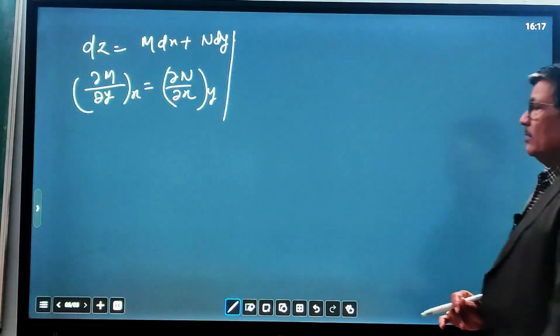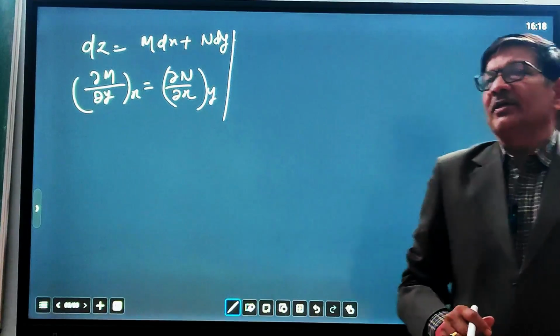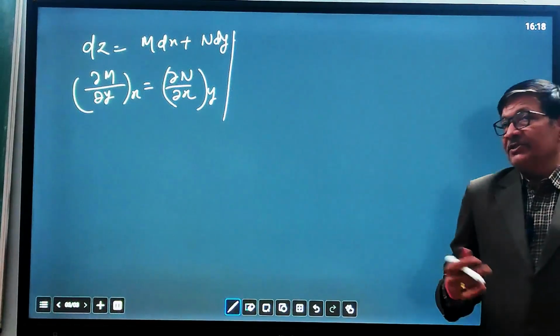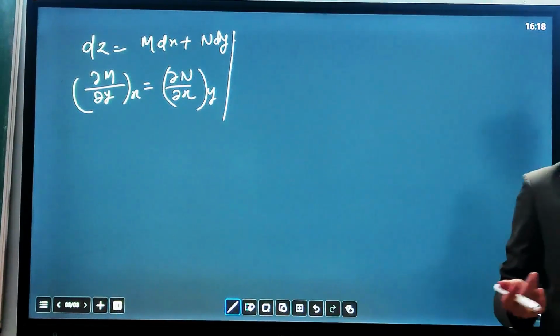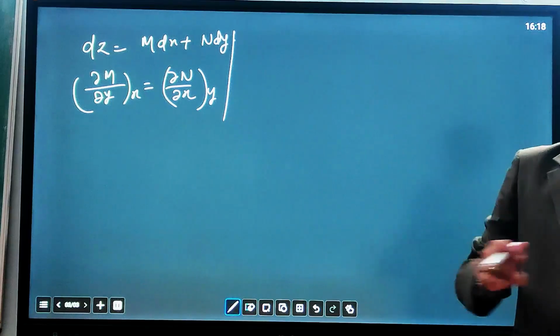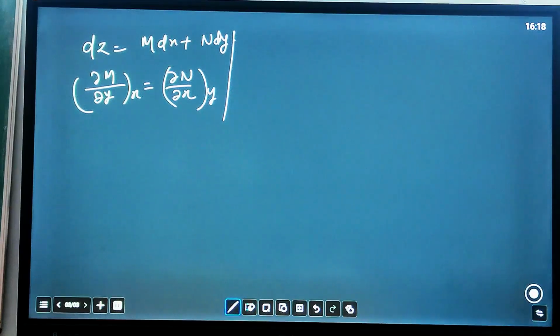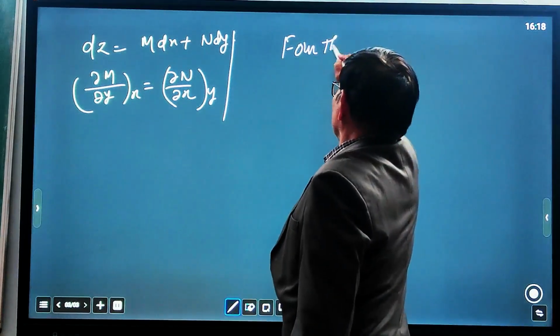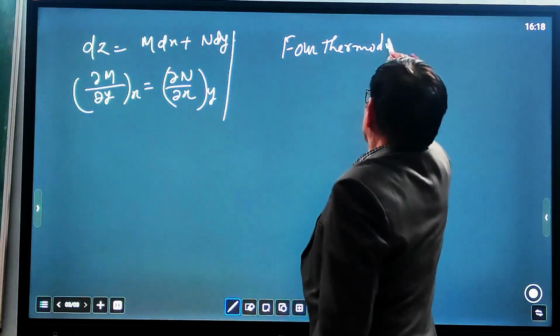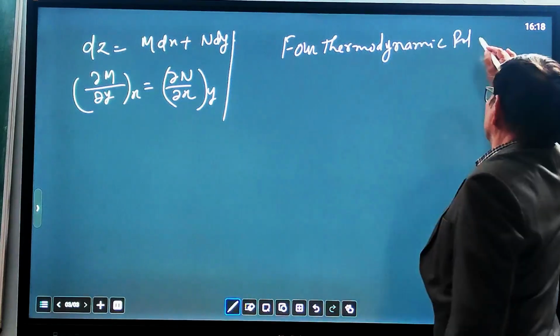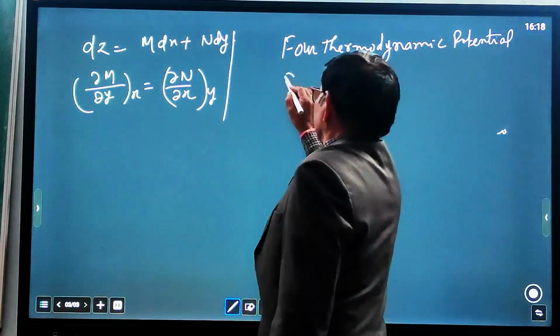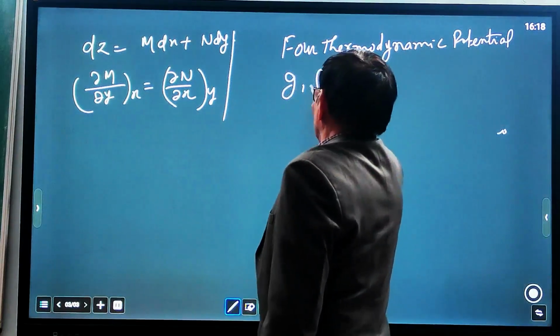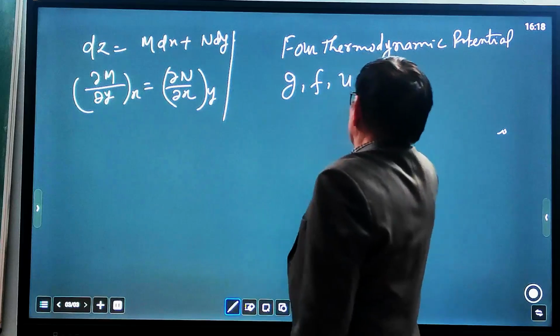Maxwell relations are nothing but relations of temperature, pressure, volume, and entropy to develop thermodynamic potentials. These are the four thermodynamic potentials: Gibbs energy function G, F, U, and H.